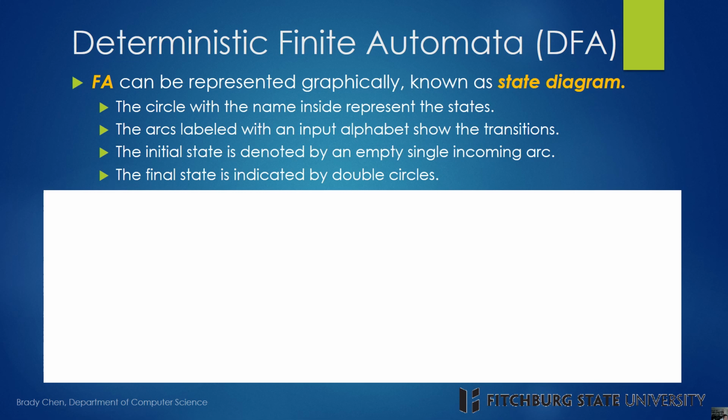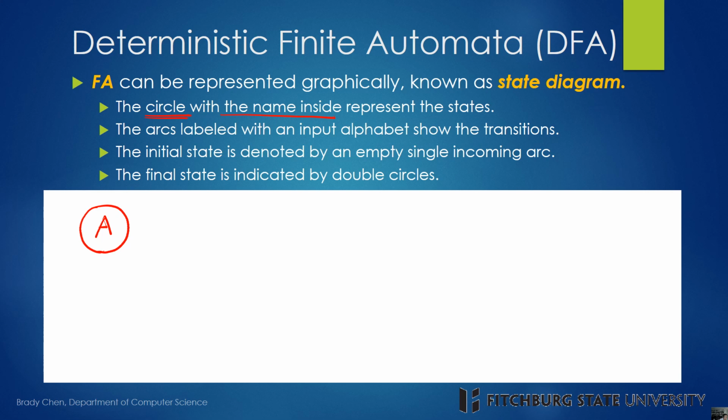A finite automaton can be represented graphically, known as a state diagram. Actually, we already used the state diagram in the previous slides, but let's formally define it. We use a circle with the name inside to represent the state. Typically in this example, I normally use a circle and a capital letter to represent the state.